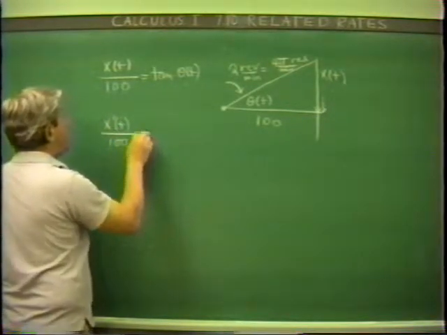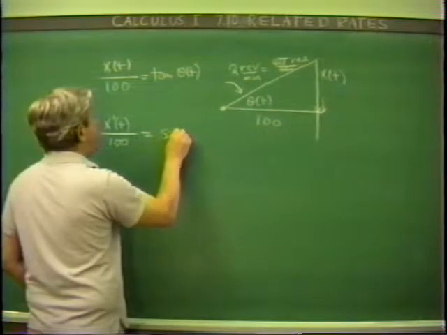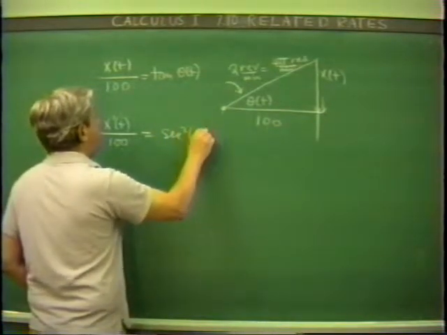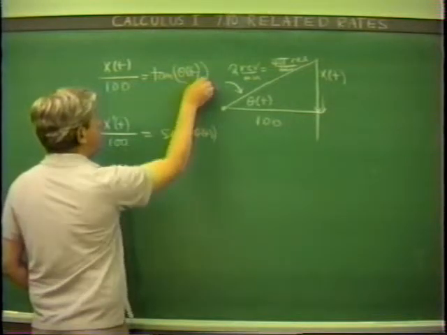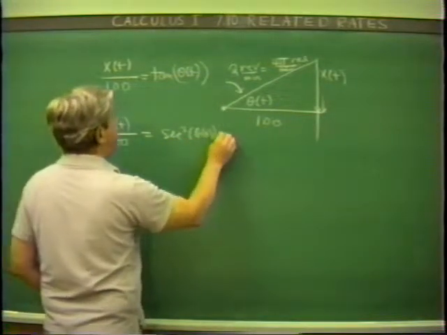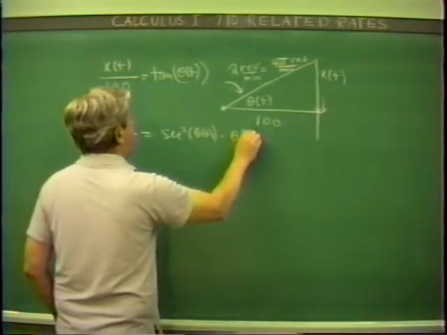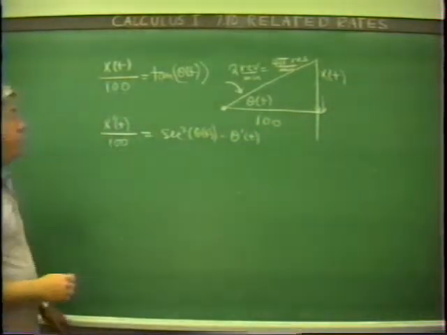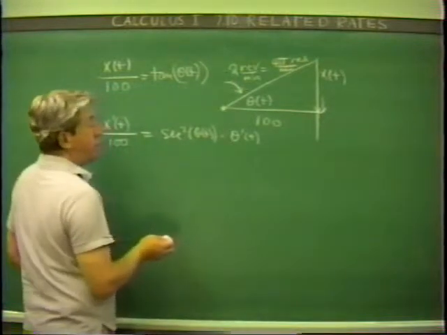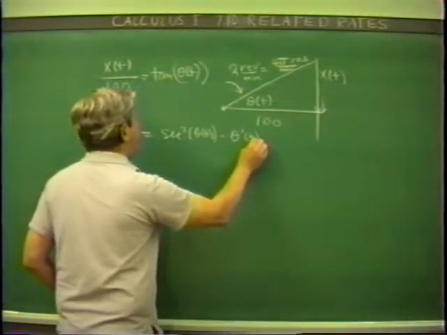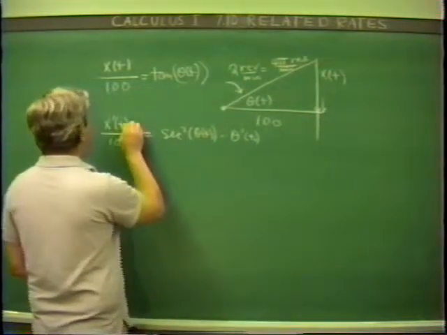Differentiating, we get x prime of t over 100 equals secant squared of theta of t times, this is the composition, theta prime of t. And now, at the time we're interested in, this needn't be turning constantly at 2 revolutions per minute.